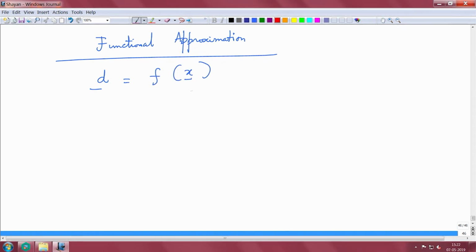Suppose I have an input x, this is a vector, and the desired response is d, which is the output, and this mapping f is unknown, right.